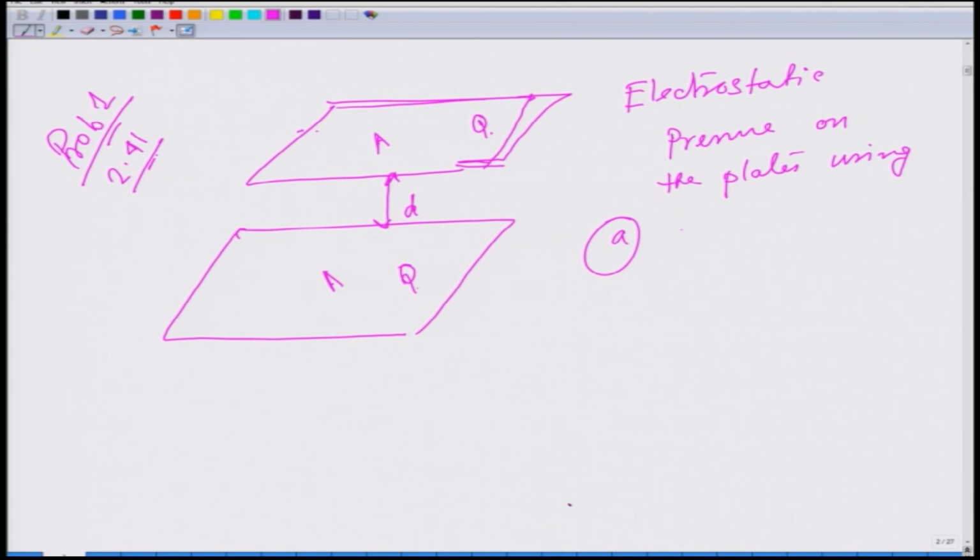One is from the force expression and the other is by using energy.